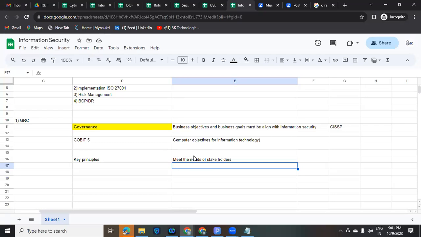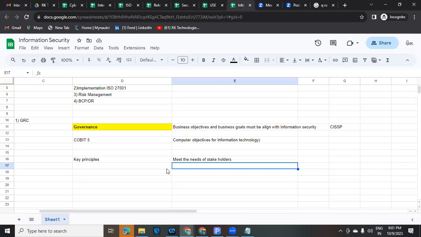A vendor is what service we are getting or what tools we purchased. That is the main difference between stakeholders and vendors. And client and customer is different: the services we provide to the opposite person, that is called a customer or client. Is it clear? Got it, sir. Thank you. You are welcome.